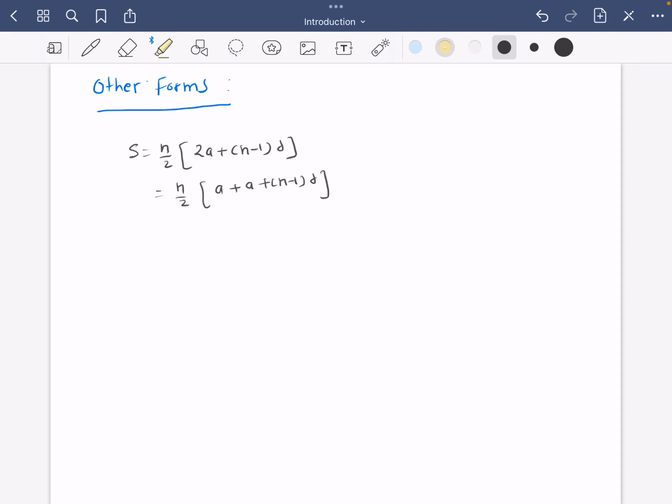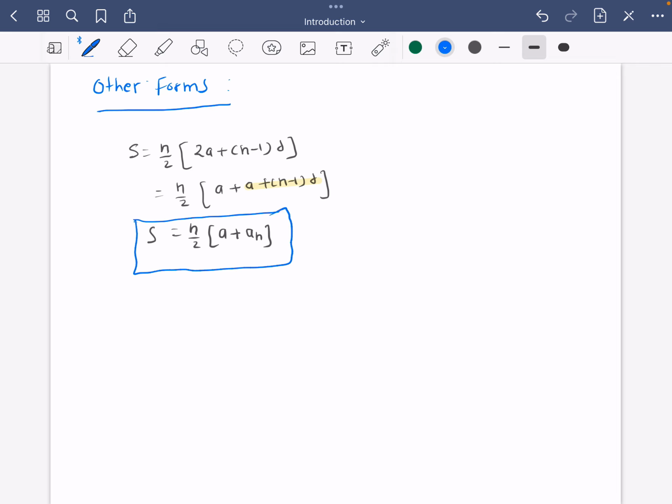And this one here, a plus (n minus 1) times t, is an, the nth term. So you can also write it as S equals n over 2 times (a plus an).